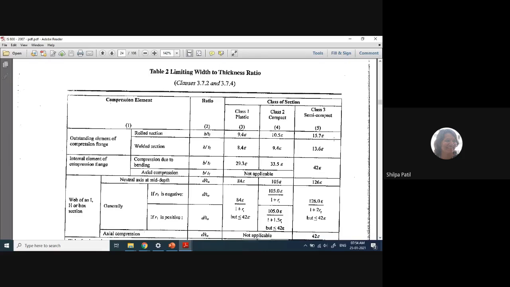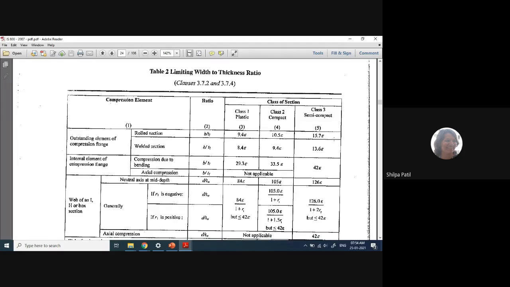Okay, so if any particular section is showing any part as slender, we should reject that section. When we start the design and select a section from the steel table, we have to find out the class of the section. Class of the section defines the moment carrying capacity or the axial load carrying capacity of the section without showing local buckling.